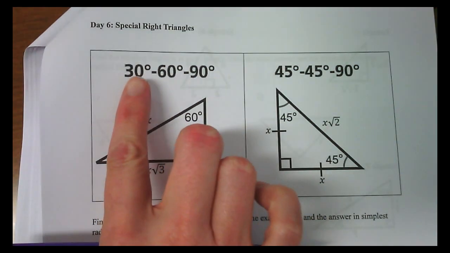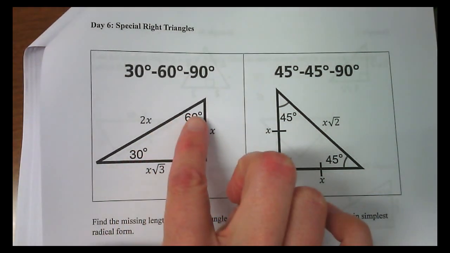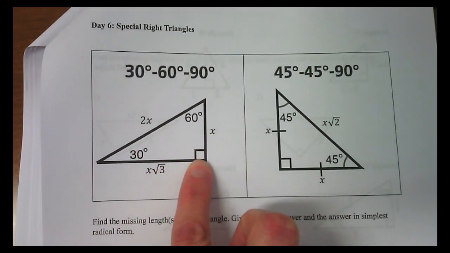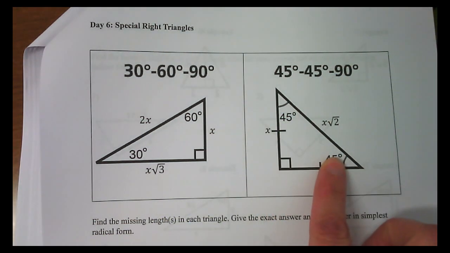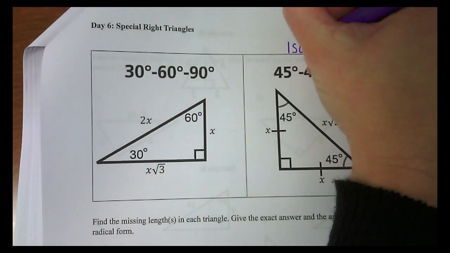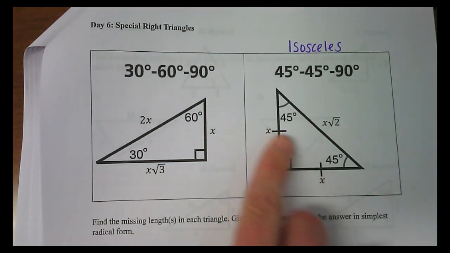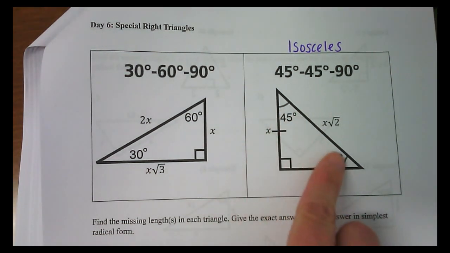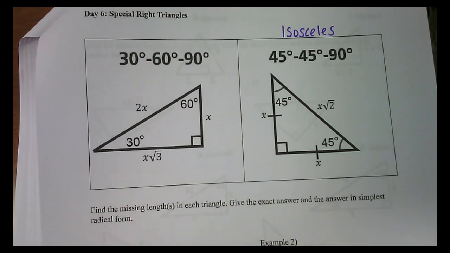The two types are 30, 60, 90, because of the 30-degree, 60-degree, and 90-degree angles, and 45, 45, 90. These two angles are both 45. When two angles are the same, it makes the triangle isosceles. Isosceles means two sides are the same and two angles are the same. Okay, these are our two different types of triangles.